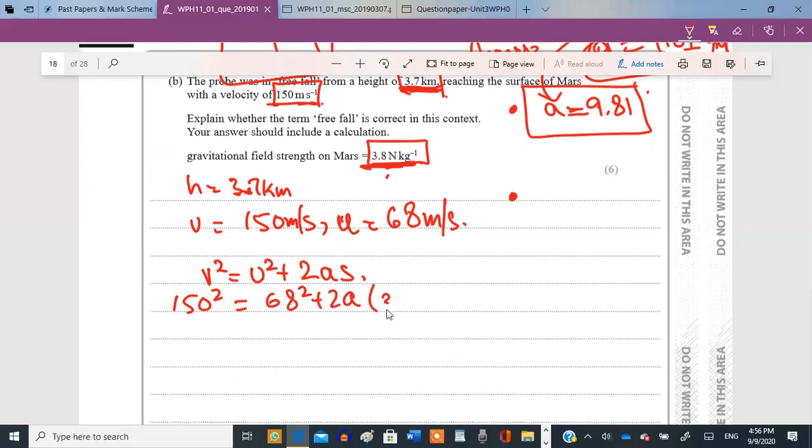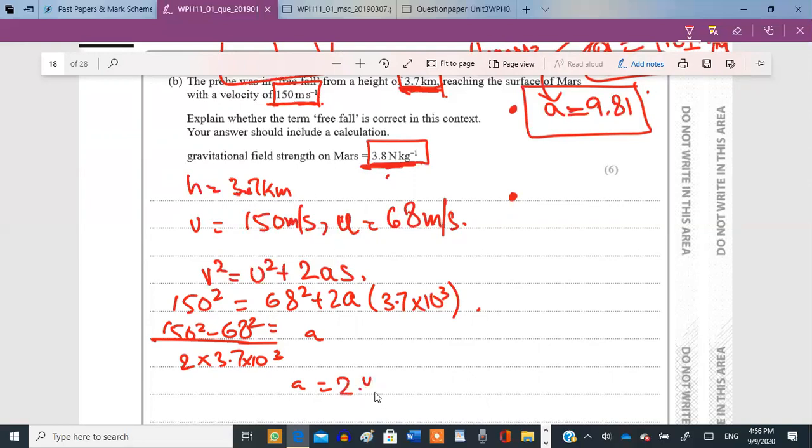The kilometers need to be converted to meters. It's going to be 3.7 times 10 cubed. Now calculate the value for acceleration. It's going to be 150 squared minus 68 squared divided by 2 times 3.7 times 10 cubed, which is equal to the acceleration. Please calculate the answer. I think I'm getting 2.42.